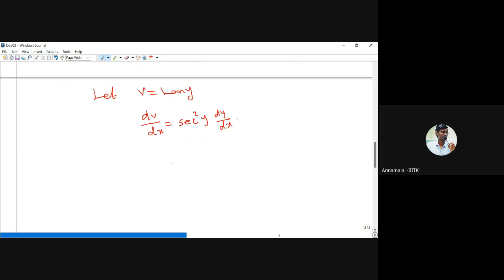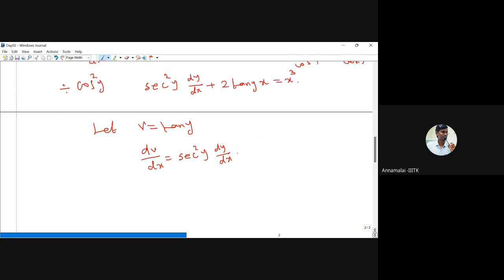First, take the derivative of tan and then take the derivative of y with respect to x. You get this one. Now, secant square y dy by dx is nothing but dv by dx. Therefore, this equation reduces to dv by dx plus 2vx equal to x cube.